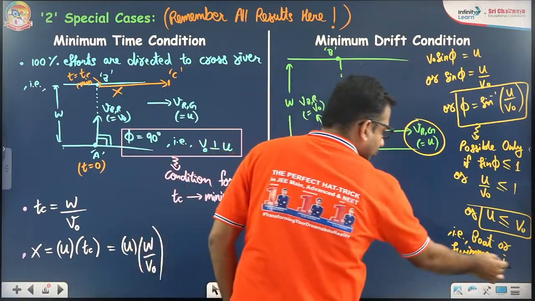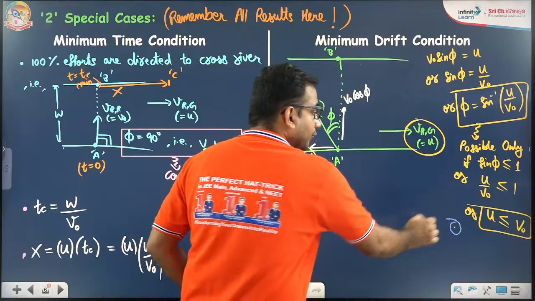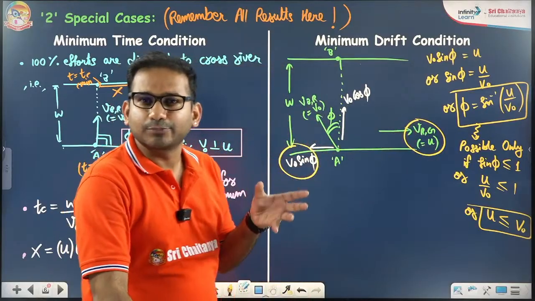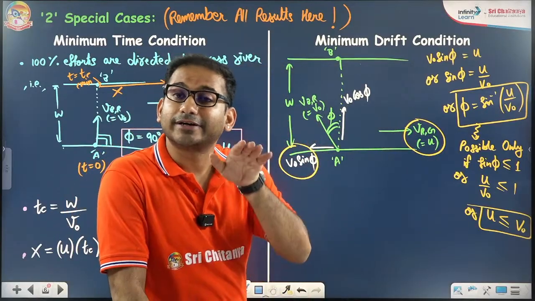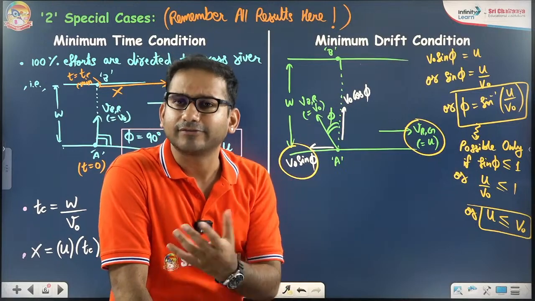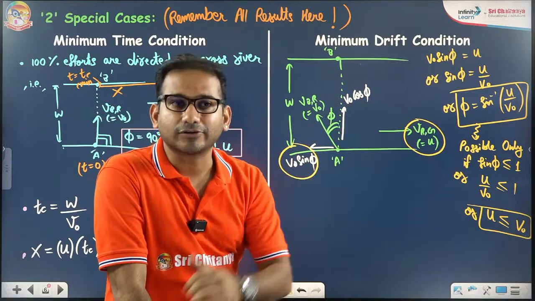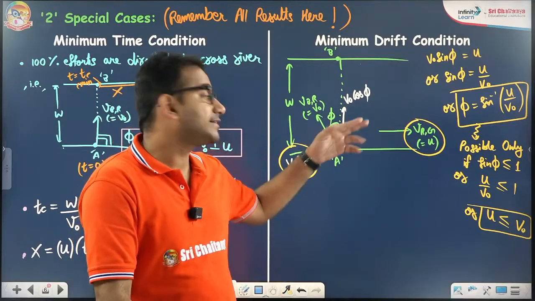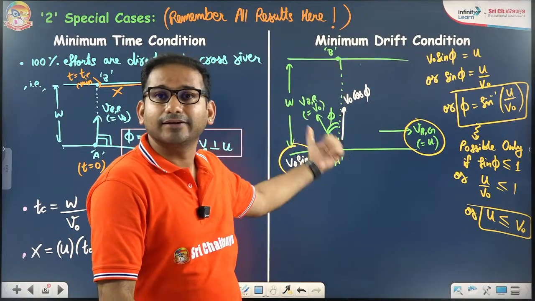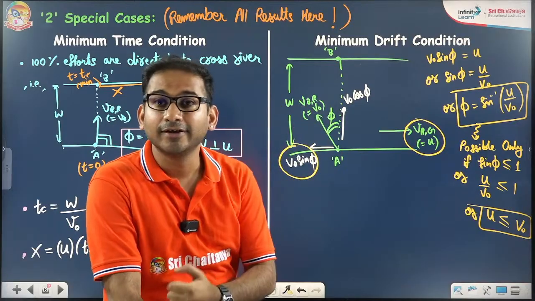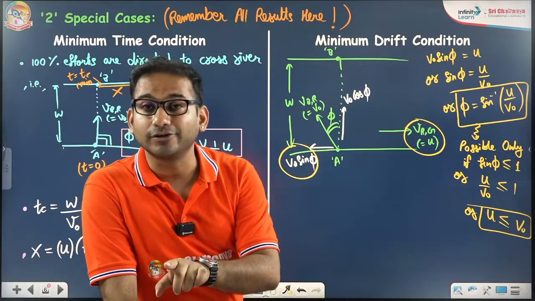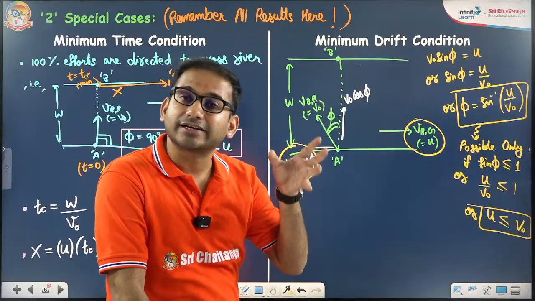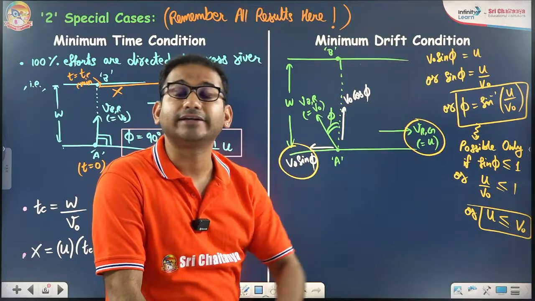I'm just trying to give you the sense of interpretation here. Suppose you are the boatman or the swimmer swimming inside the water body, the river basically, but the river is more powerful. Even if you try to exactly reach the opposite point by providing some opposing behavior, since the river is more powerful, despite your efforts the river will definitely make you flow in its direction.